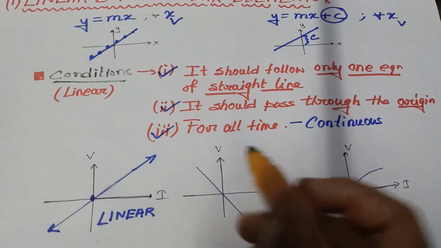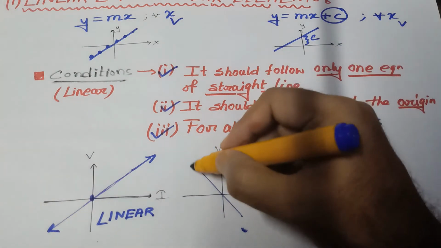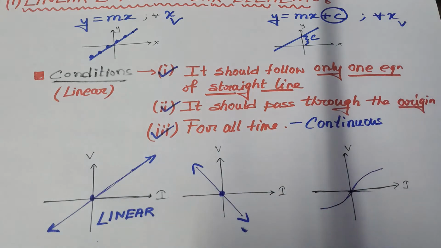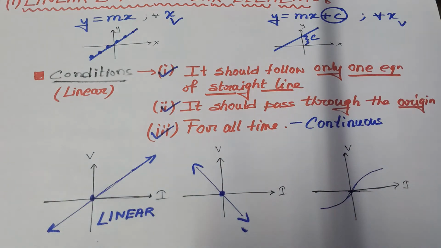Now in the second example, again it is following only one equation of a straight line, and it is passing through the origin. So condition 1 and condition 2 are satisfied. And condition 3 also, if you extend this, you can extend it up to infinity, so for all time it is continuous. So again it is linear.